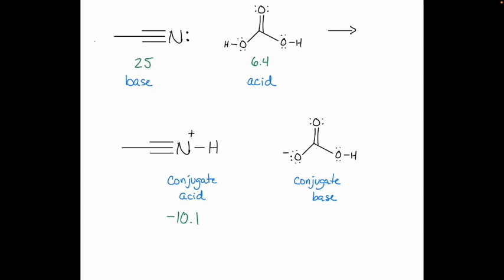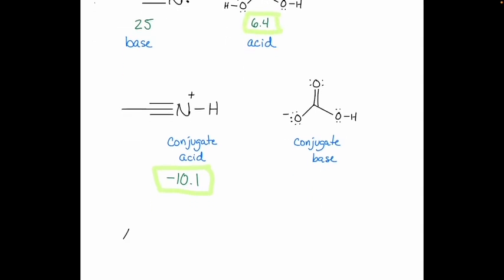The conjugate acid and the acid. And in particular, I'm going to take that conjugate acid, negative 10.1, and subtract my acid pKa, giving me negative 16.5.